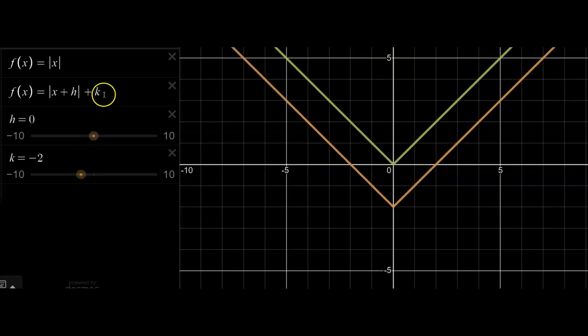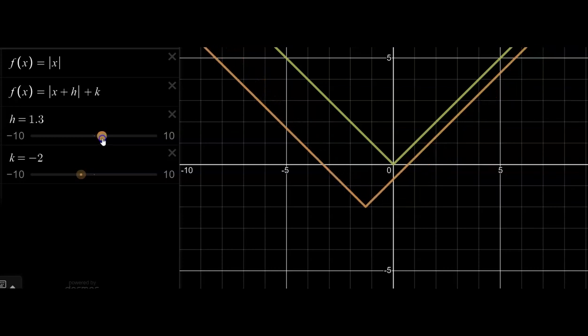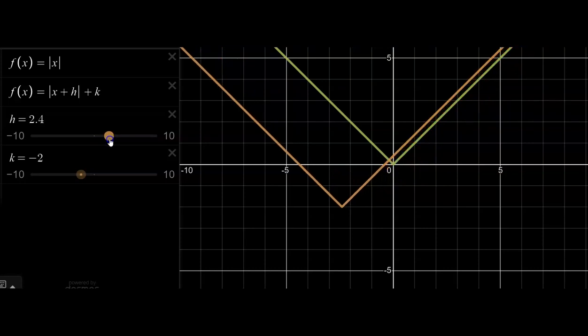Now, my question is, what happens when h is positive, and what happens when h is negative? What happens when h is positive? If h is positive, where does it move?